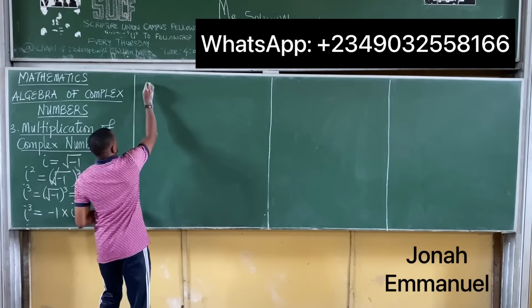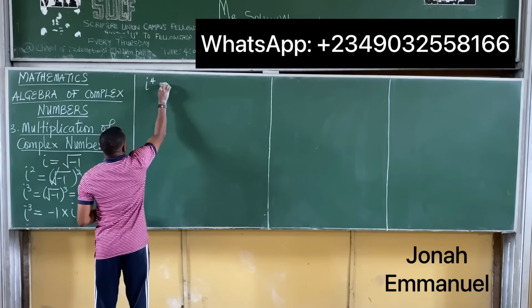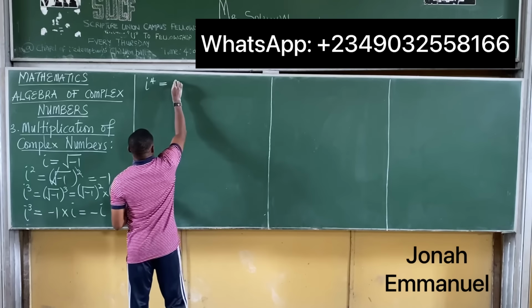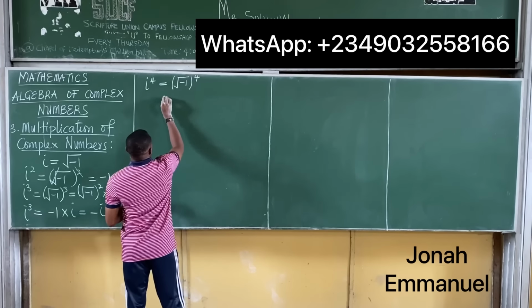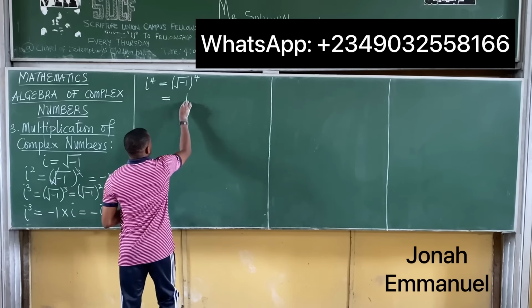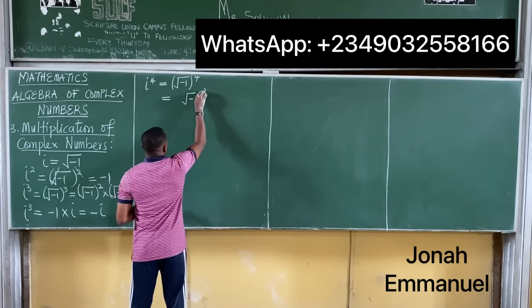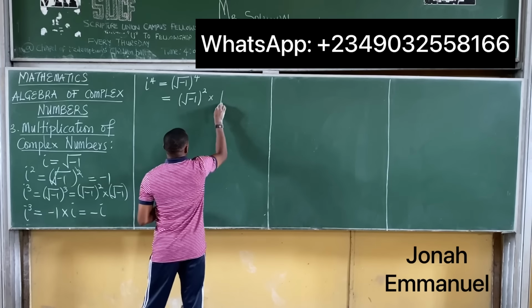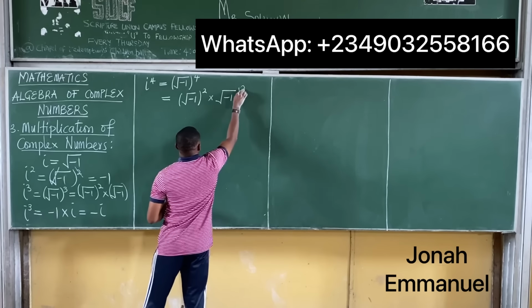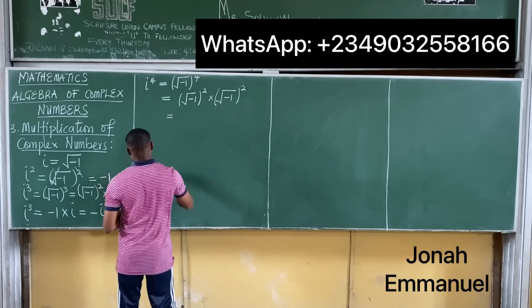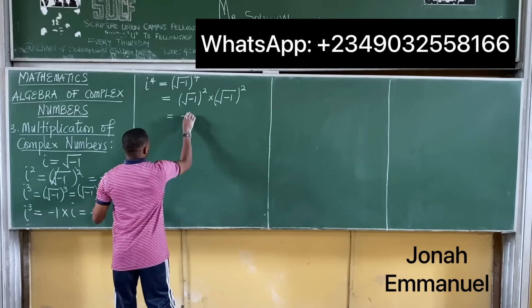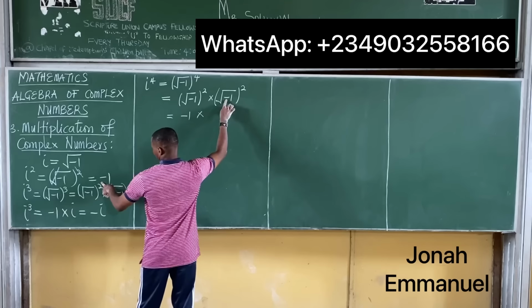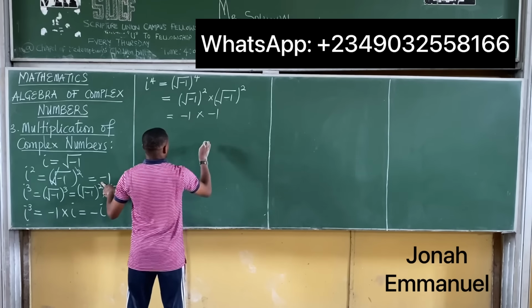Finally, i to the power 4 is equal to root minus 1 all to the power 4. This can be broken down as root minus 1 all squared multiplying root minus 1 all squared, and that's equal to minus 1 multiplying minus 1.